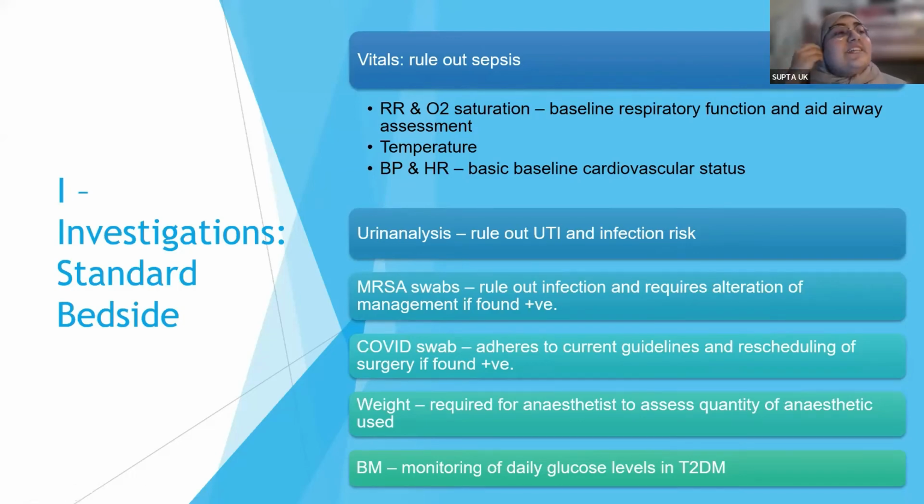Given the day and age that we are, COVID swabs need to be done, adhering to the current guidelines at the time, whatever they be. And then weight is important for an anaesthetist, because it not only assesses the quantity of anaesthetic required, but can also be a good sign of their airway management.